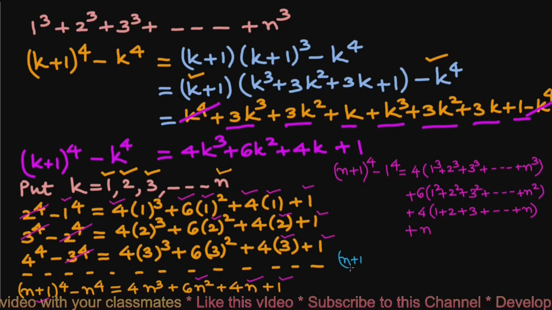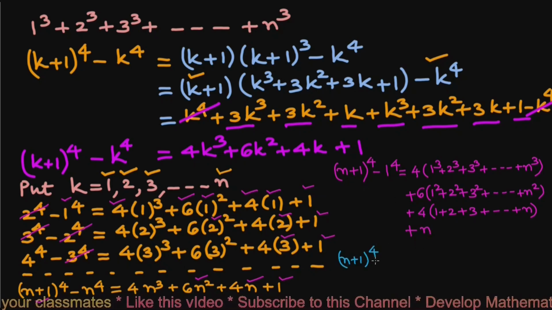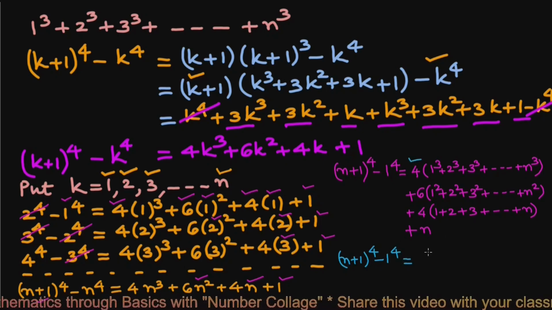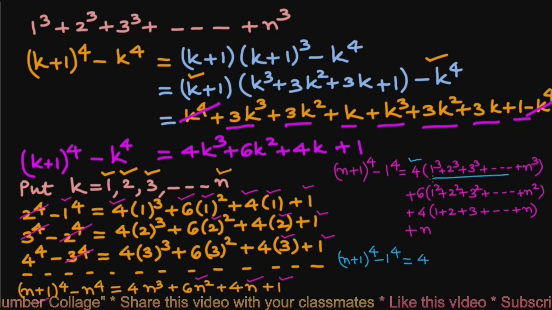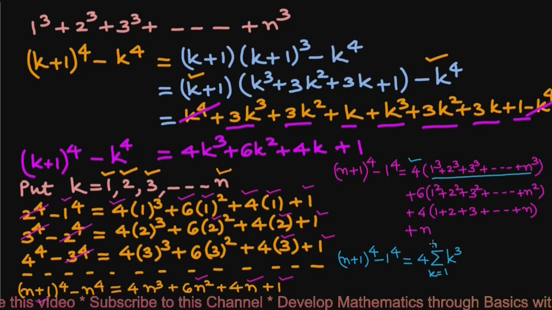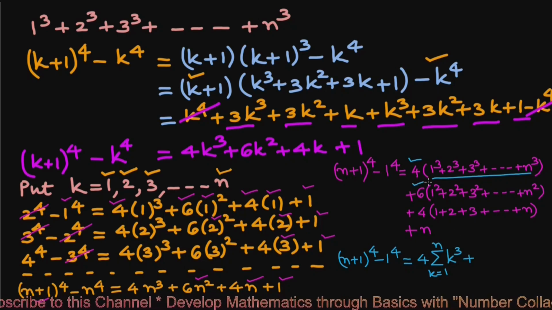So we get (n+1) power 4 minus 1 power 4 equals 4 times, for this whole bracket we write summation k cube, where k runs from 1 to n, plus 6.